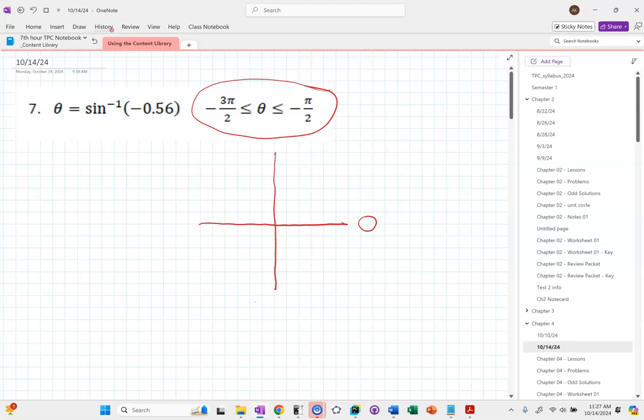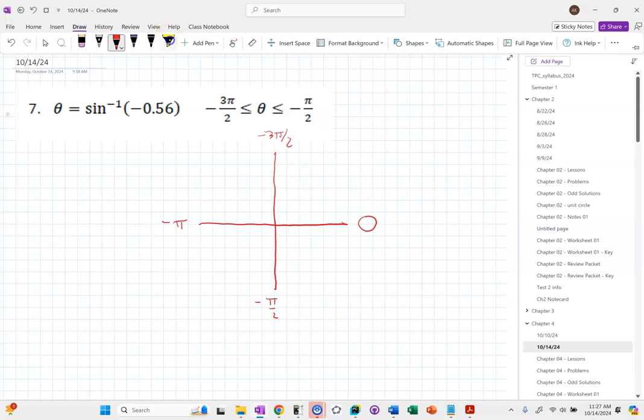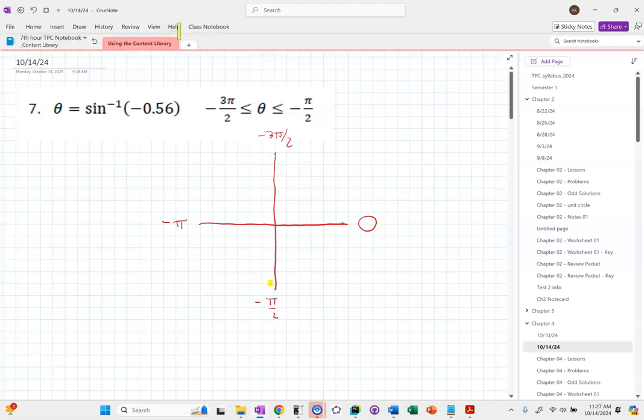So 0. And then negative pi over 2, negative pi, and then negative 3 pi over 2. So I can see there that my answer lies between negative pi over 2 and negative 3 pi over 2. So something here in quadrants 2 or 3.